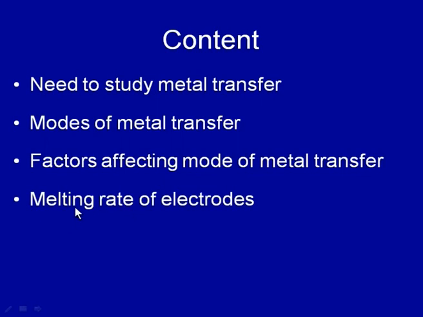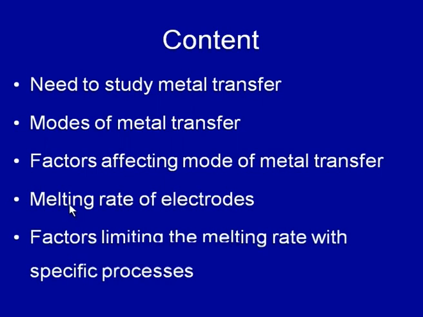Then this presentation will also include the melting rate of the electrode in consumable arc welding processes, the various factors that affect the melting rate, and the things that limit the melting rate associated with specific welding processes. We will take this up in the last part of the presentation.